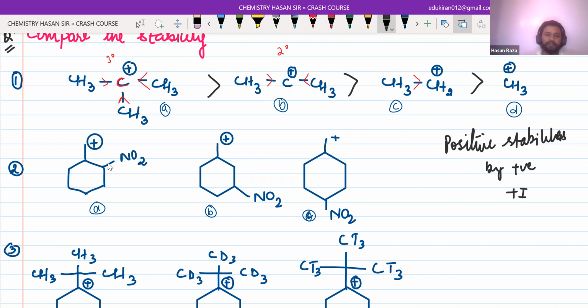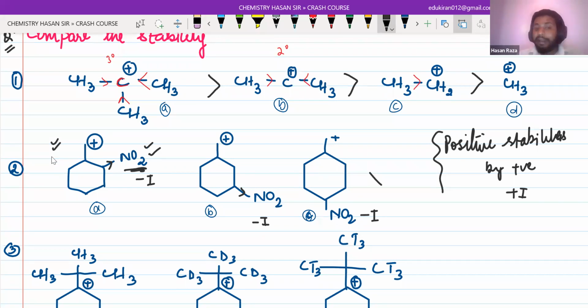Now you can see this has a nature of minus I. This has a nature of minus I. This also has a nature of minus I. The reverse is also true. Positive charge, whereas NO2 is very near to this carbocation, it will destabilize this carbocation, because this carbocation is in need of electrons, but this NO2 will withdraw electrons from that carbon.